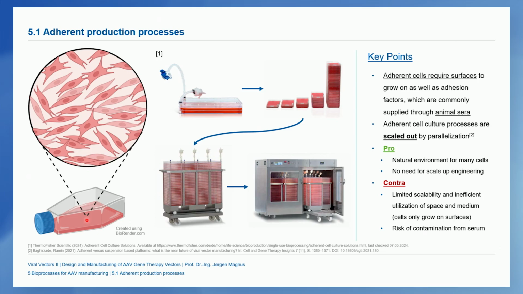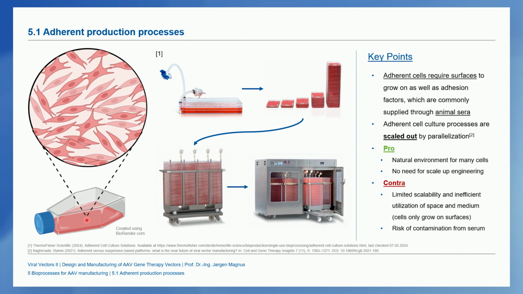Adherent cell culture is a technology that was used in the past before suspension cell culture was developed. And when you have adherent production processes, you need a lot of surface for the cells to grow on. If you need a lot of cells to produce a lot of viral vectors, then you would also need a lot of surface.